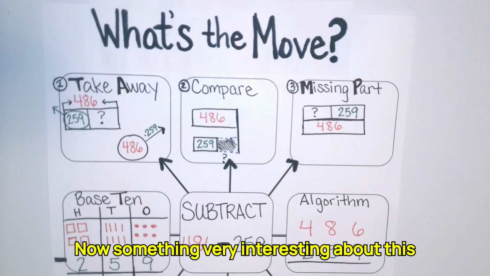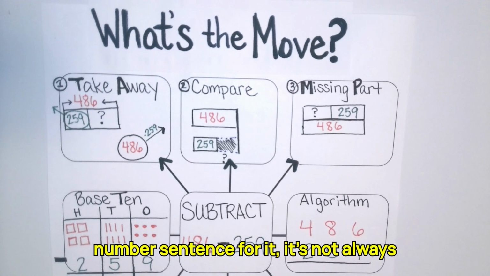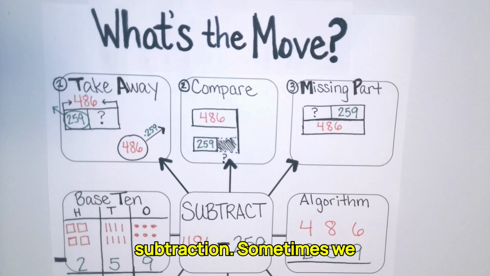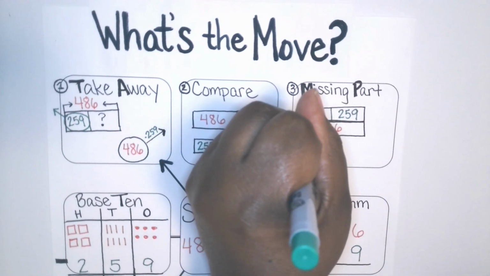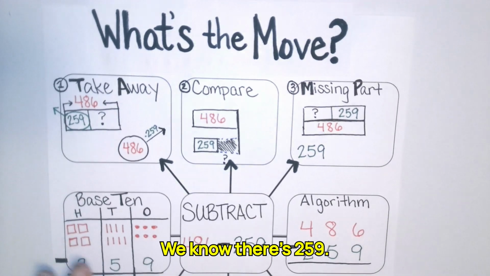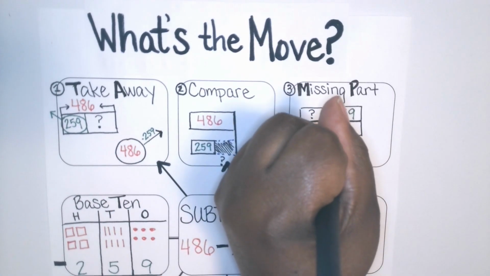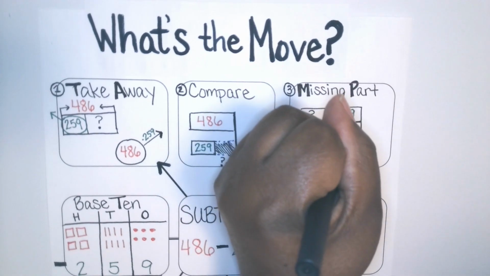Now, something very interesting about this particular model is that when you write a number sentence for it, it's not always shown as subtraction. Sometimes we may see it look like this. We know there's 259. We also know that there is a part missing.